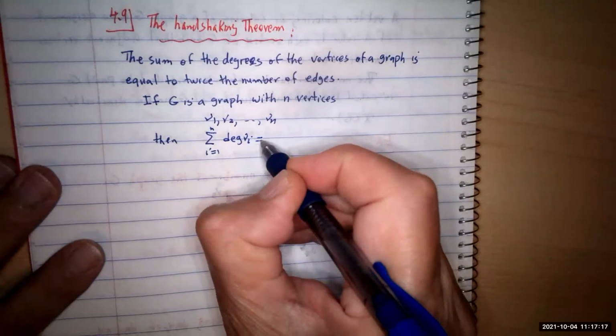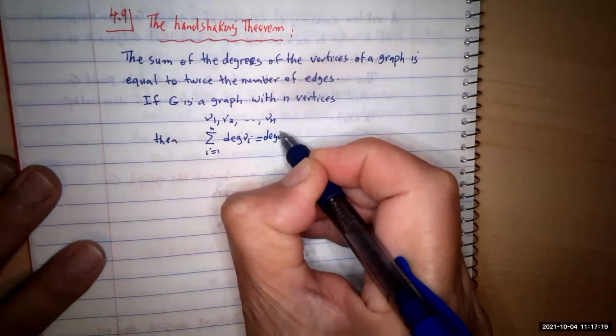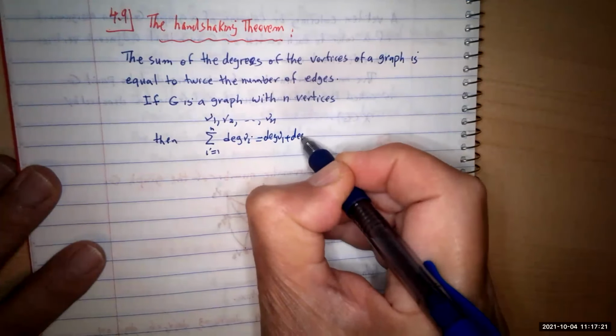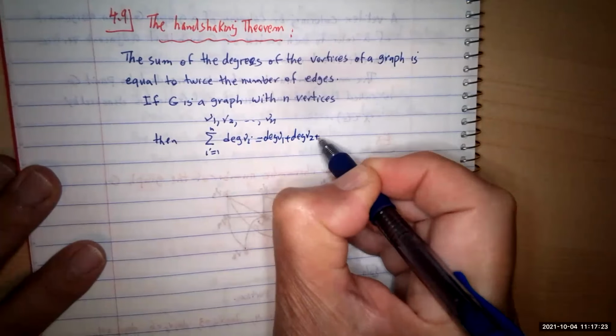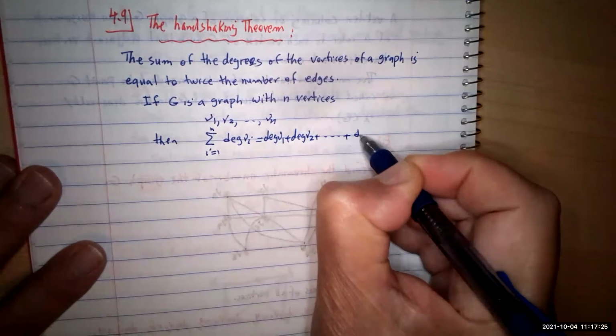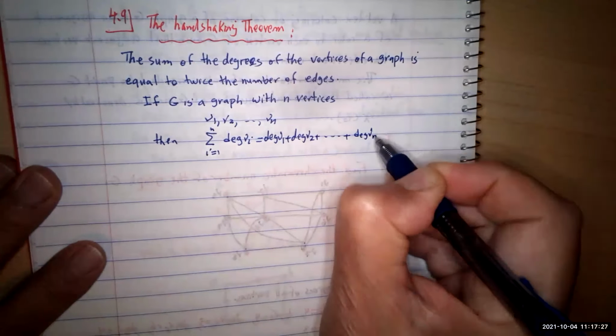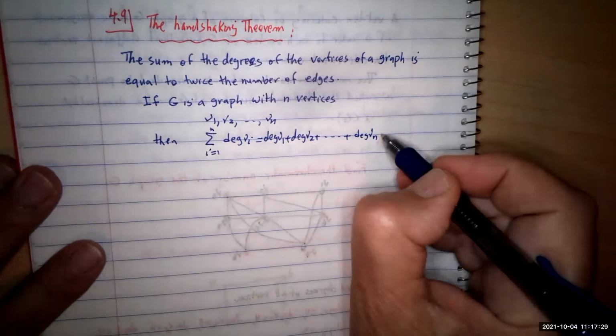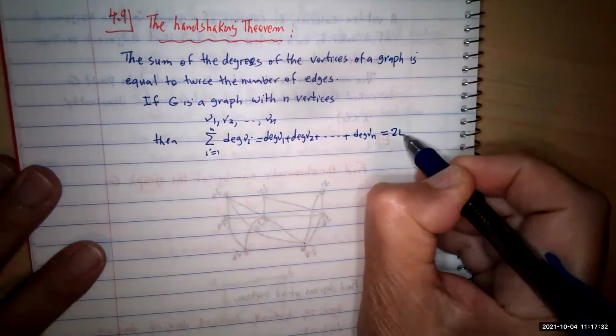You know that this sigma just means addition. So it's going to be the degree of V1, plus the degree of V2, and plus the degree of Vn. If you add all of them together, this is going to be 2e.